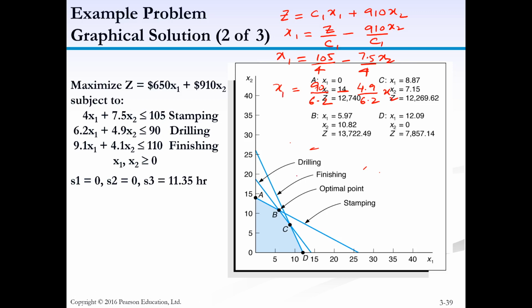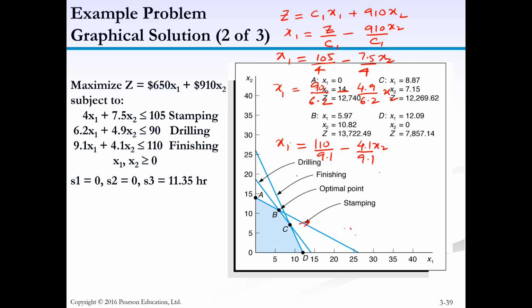And then we have the third constraint, get the slope of that one. The third constraint is x1 is equal to 110 over 9.1 minus 4.1 x2 over 9.1.